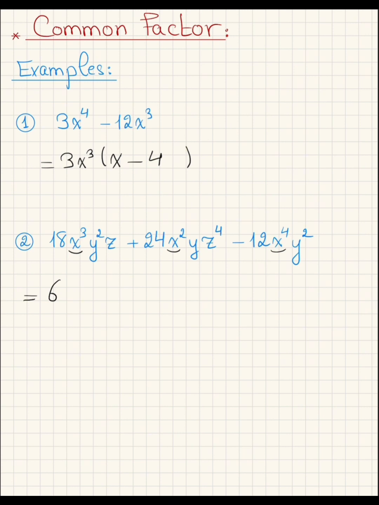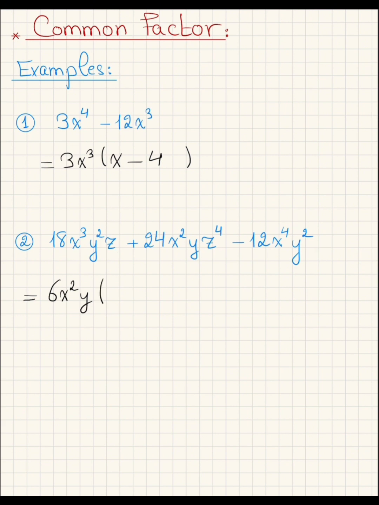Well, as we said, it's the lowest exponent, that is 2. So it is x to the power of 2. I repeat the same process. I have y squared, y, and y squared again. This means I take the y. We have z, z to the power of 4, but there is no z here, so z is not a part of the common factor.